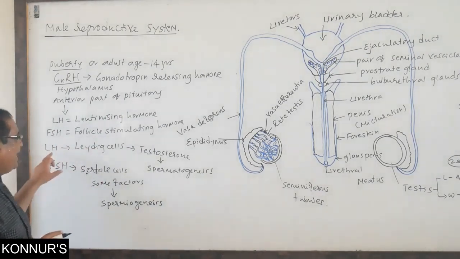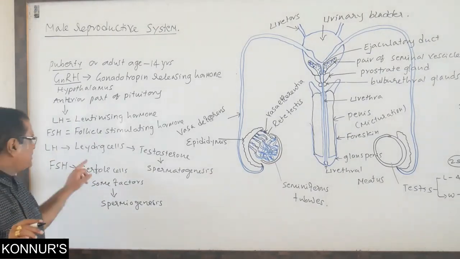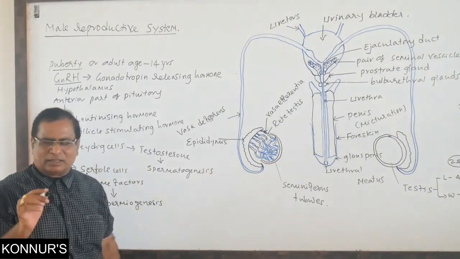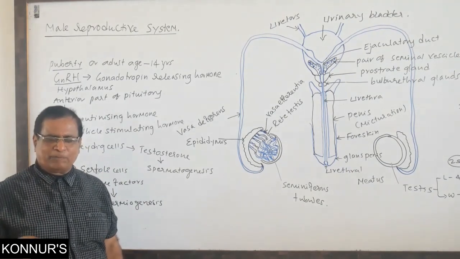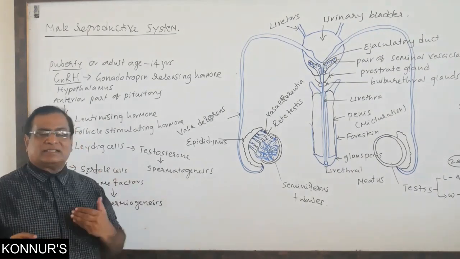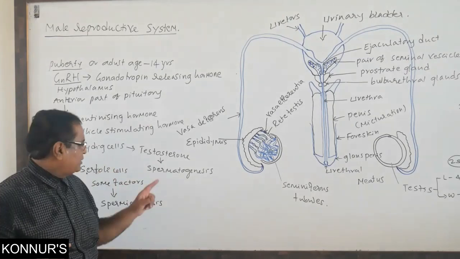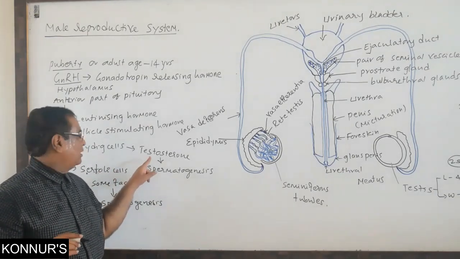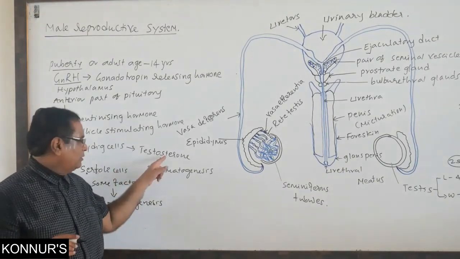LH stimulates Leydig cells in the interstitial space, which synthesize and secrete androgens like testosterone.